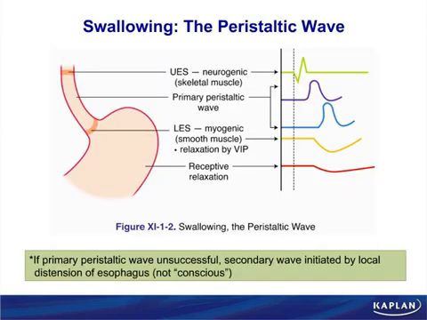The upper esophageal sphincter is under conscious control. It's skeletal muscle. Conscious, awake, self-initiated. That's the primary peristaltic wave. Secondary peristaltic waves are a reflex, based on it being a smooth muscle syncytium.